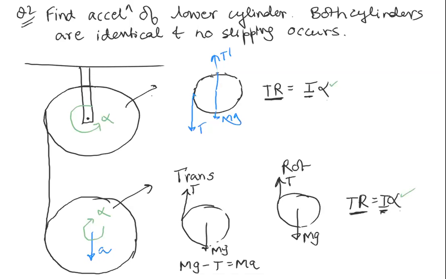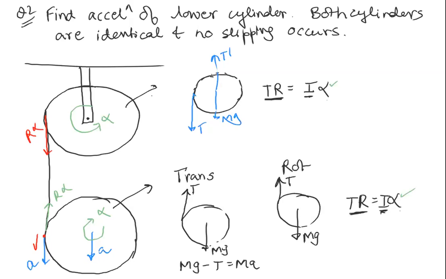Okay, now the acceleration of this point must be R alpha. The acceleration of this point must be a due to translation, R alpha due to rotation.